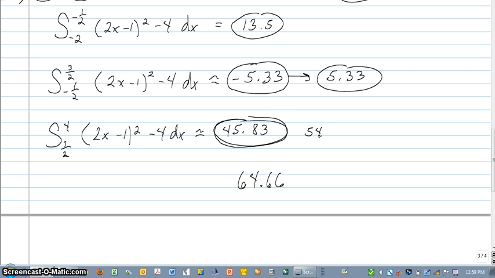So if you want the definite integral from negative 2 to 4, you end up with 54. Thinking of the areas as just positive numbers, you end up with something a little bit different. So hopefully that helps give you a couple of different perspectives on the area between the curve and the x-axis.